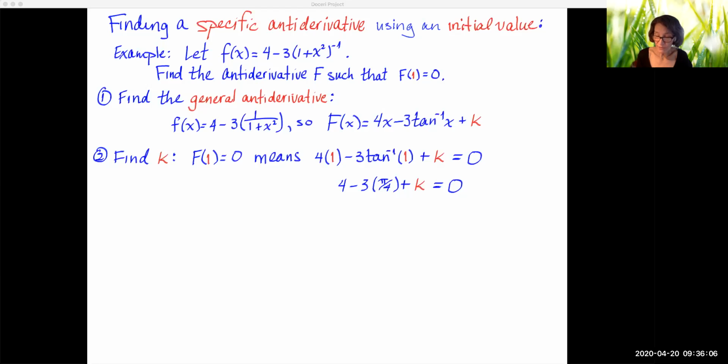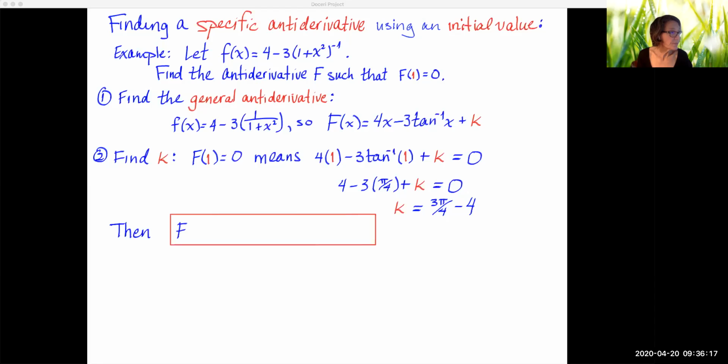If we solve that for k, we just get k is 3 pi over 4 minus 4. So putting it together, the function we were looking for is 4x minus 3 arctan x plus that constant, 3 pi over 4 minus 4.